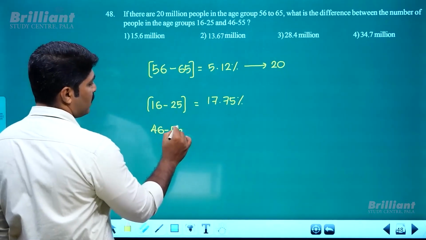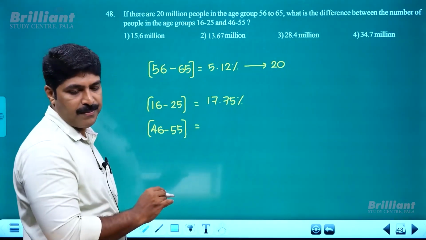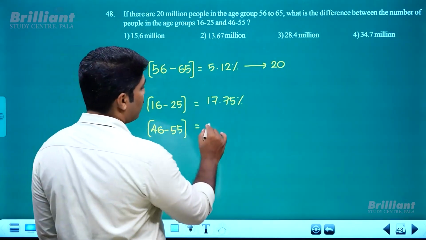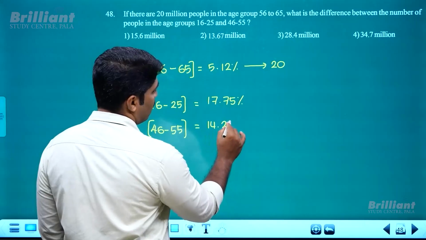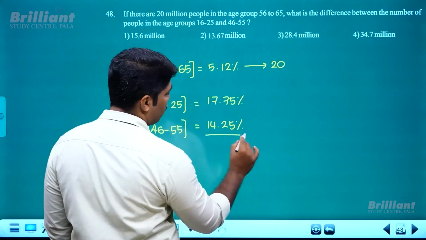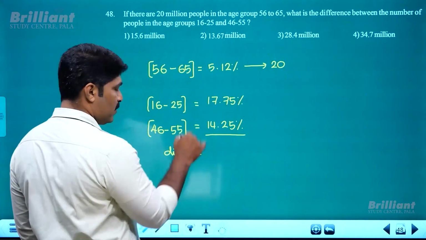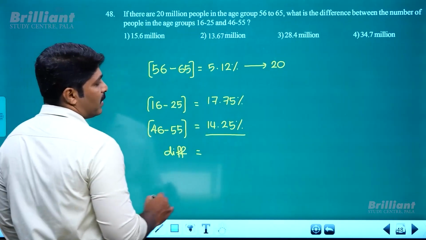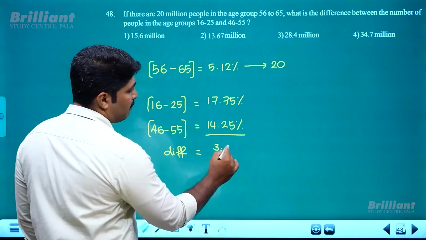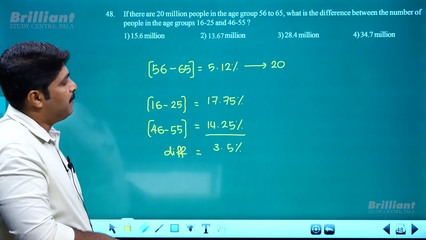What's the percentage here? 46 to 55 is 14.25. So what's the difference between these two values? The difference of these two values is equal to 3.5. Got it?